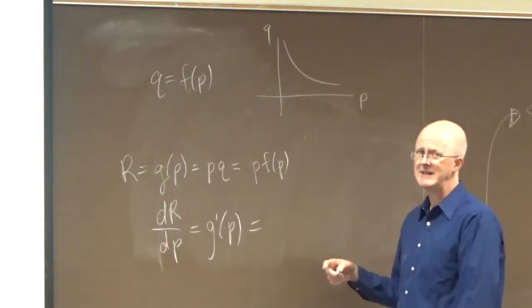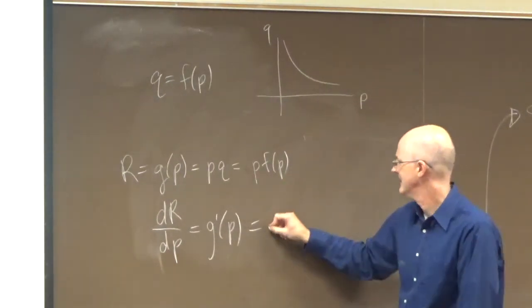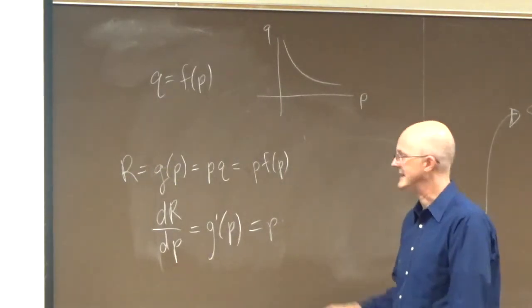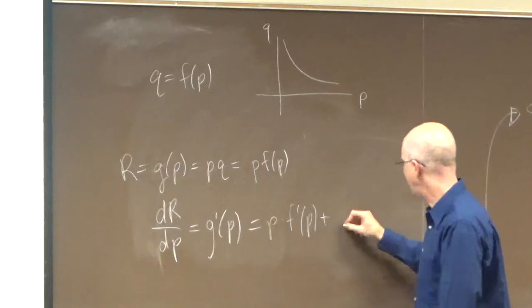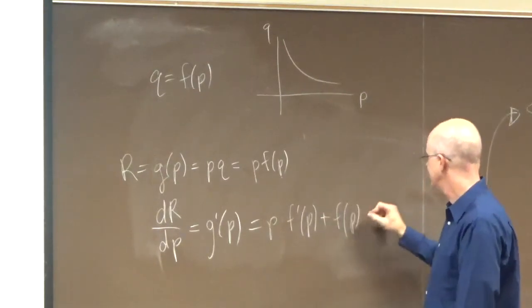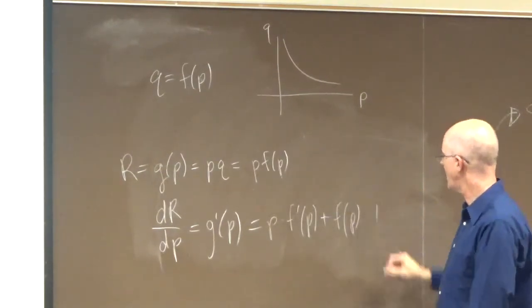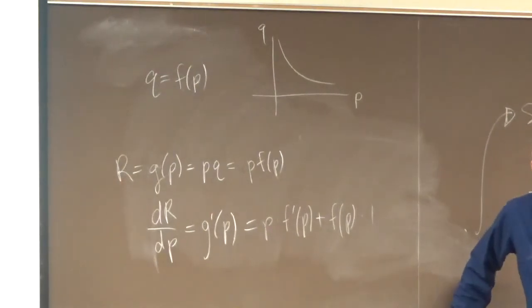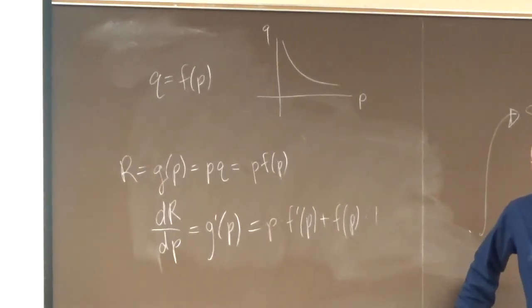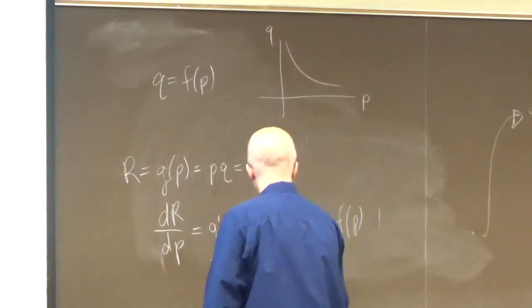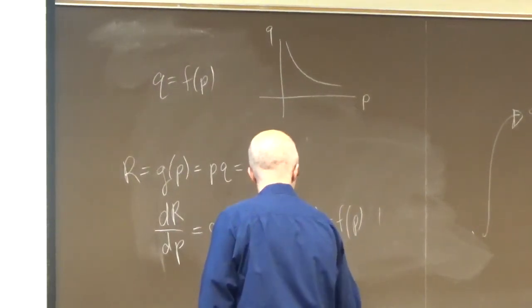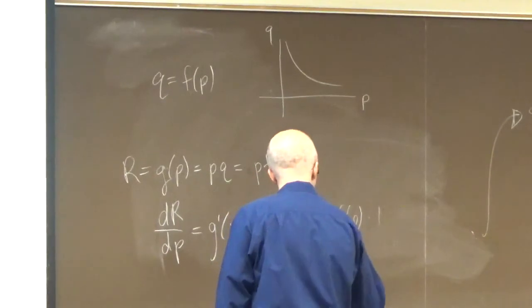Left d right plus right d left. The derivative of the right function, plus right d left. The derivative of P is 1. You're differentiating with respect to P. So you can write this in a slightly simpler form as P f prime of P plus f of P.